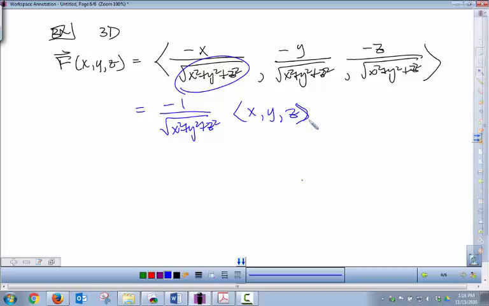And if you take the magnitude of that, it is essentially this x, y, z. So x, y, z is a vector field that goes from the center and goes outward. The negative makes it go inward, and then the denominator makes it all unit vectors.